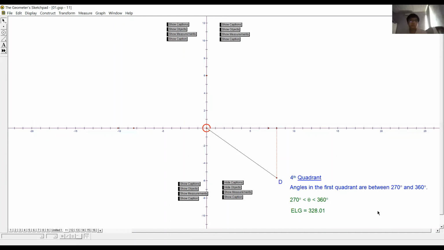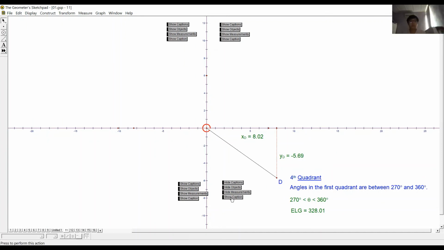Okay, this is the angle. In the fourth quadrant, what are the coordinates here? For example, positive 8.202 and negative 5.69. It means that the x coordinate is positive, but the y coordinate is negative.